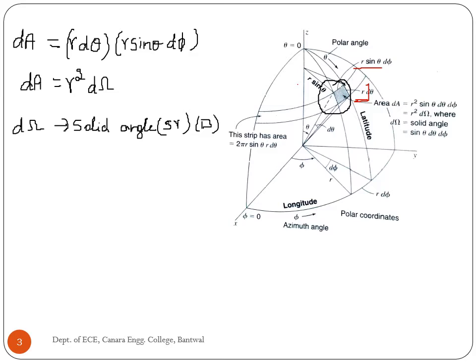So d omega is a solid angle subtended by the area dA. The area of the strip of width r d theta extending around the sphere at a constant angle theta is given by 2 pi r sin theta into r d theta. Integrating this for theta values from 0 to pi yields the area of the sphere.